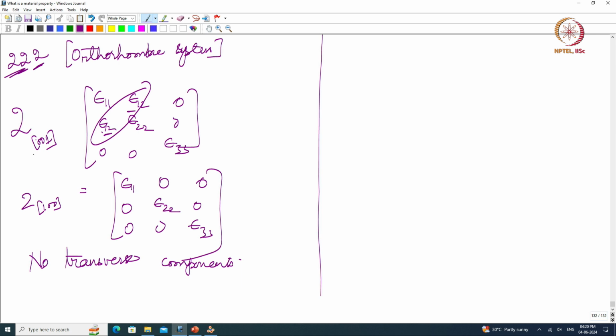Okay. So, the way you can do it is I first apply a two-fold axis about 0 0 1, come to this tensor, and on this tensor I apply a two-fold about 1 0 0. So, the only components that will become 0 are epsilon 1 2s. Okay. So, that you will yield this tensor. So, no transverse components, only direct components.